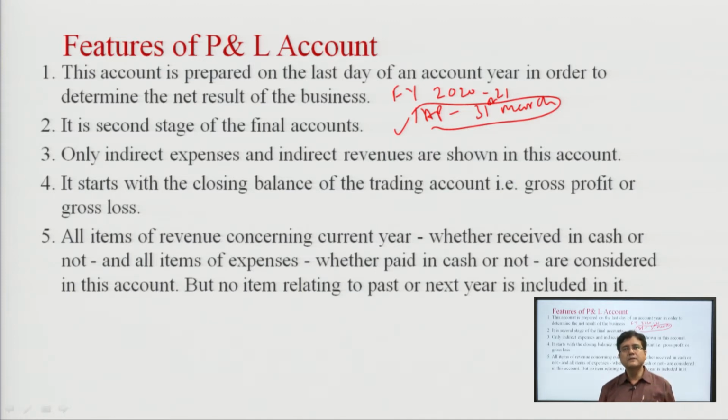It starts with the closing balance of the trading account, that is gross profit. All items of revenue concerned with the current year, whether received in cash or non-cash, are part of this one.